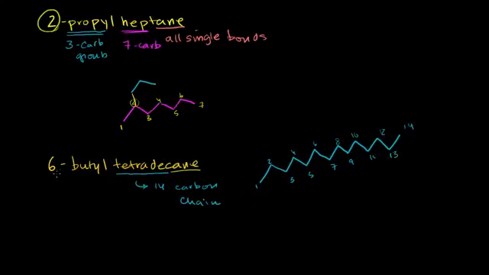This tells us that the sixth carbon will have a butyl group. So the sixth carbon is right here. And you should memorize this: methyl is 1, ethyl is 2, propyl is 3, butyl is 4. So we have a 4-carbon group.